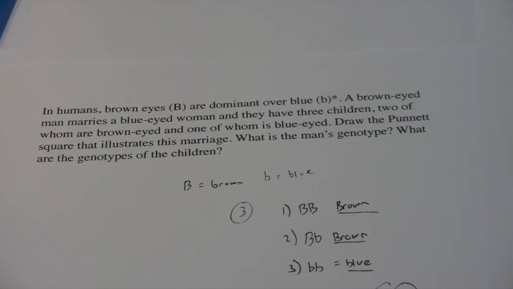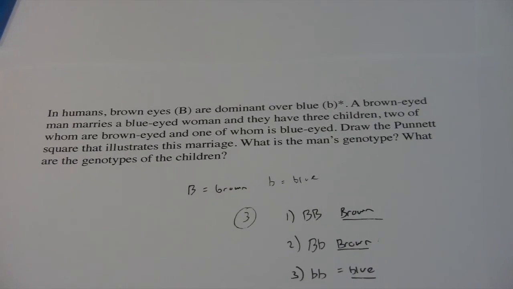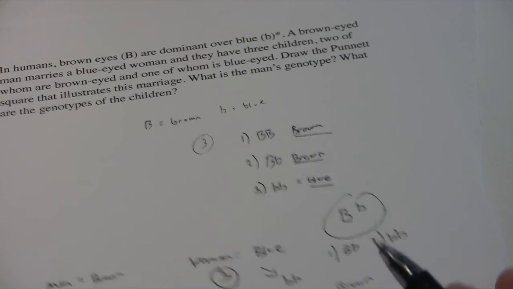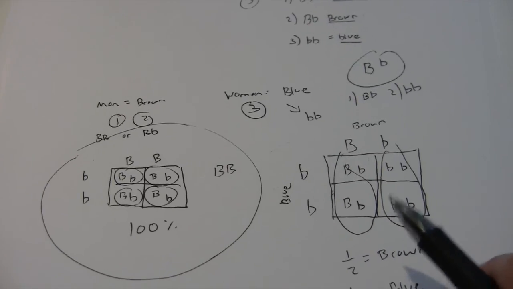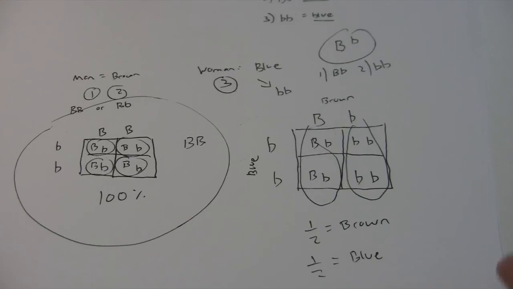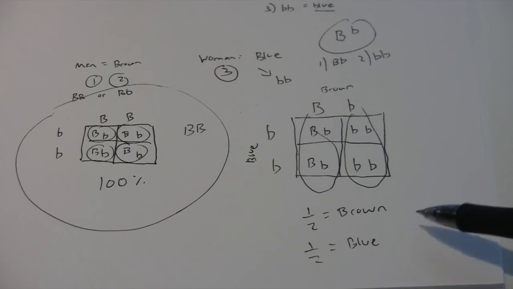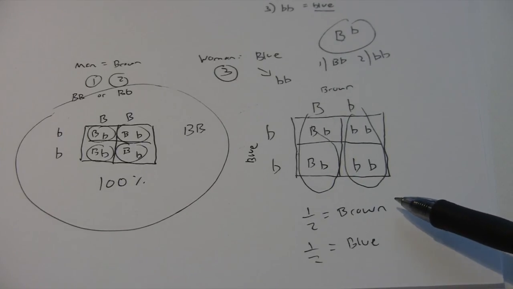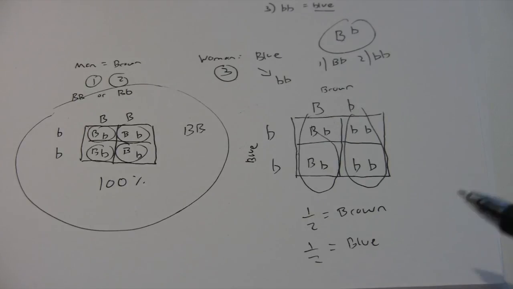So this is a good example of working through a Punnett square problem. It gives a general overview of how to construct a Punnett square and what the context of the Punnett square is, and that it produces genetic probability, not genetic certainty. So this doesn't mean that in 50% of all cases it will definitively produce a brown-eyed offspring, or that half of all children will for sure be blue-eyed.